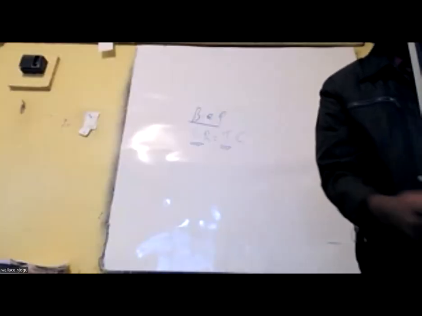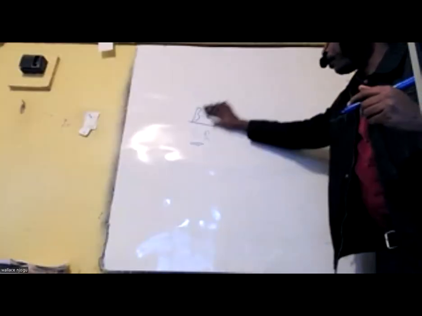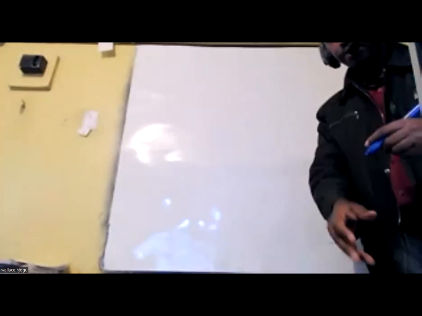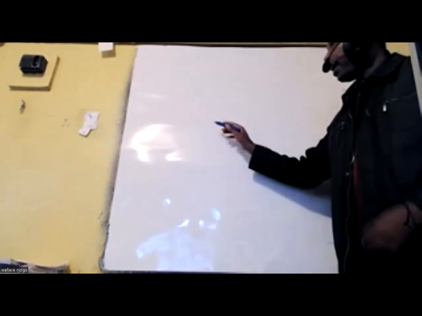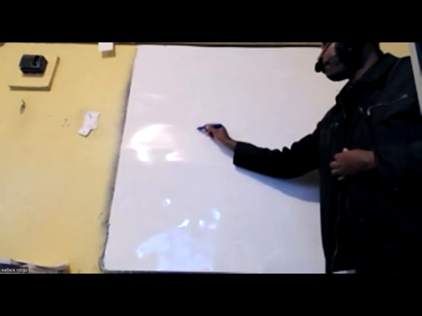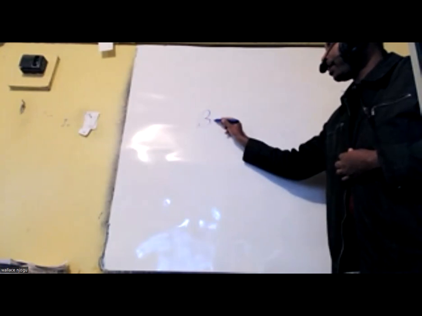As we have said, break-even point is a point whereby total revenue is equal to the total cost. And the formula for break-even point goes like this.